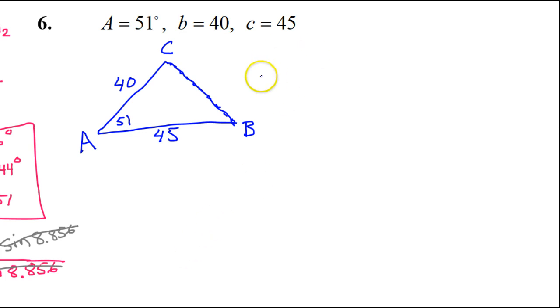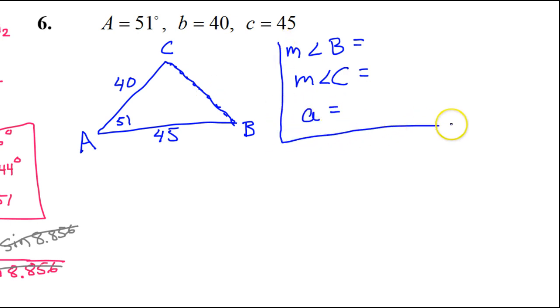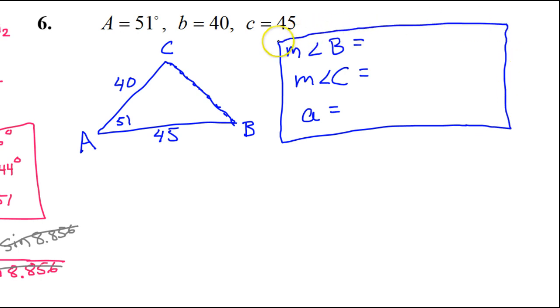Let's think about the three pieces of information that I need to find. I am going to need to find the measure of angle B, the measure of angle C, and the length of side A. All right, once I find these three pieces of information, I will have solved the triangle.